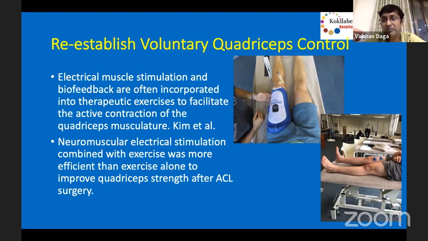So they get a biofeedback response from the electrical muscle stimulation machine. The electrodes are placed exactly on the quadriceps through the skin. It will stimulate the quadriceps fibers, and at the same time, if you tell your brain to contract the quadriceps, both together will help. And it has been found that EMS combined with exercise was more efficient than exercise alone.